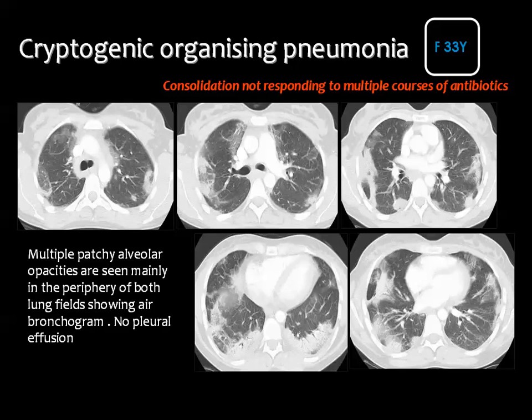The second type of pneumonia that is not responding to antibiotics is the cryptogenic organizing pneumonia. This type is usually diagnosed by biopsy.